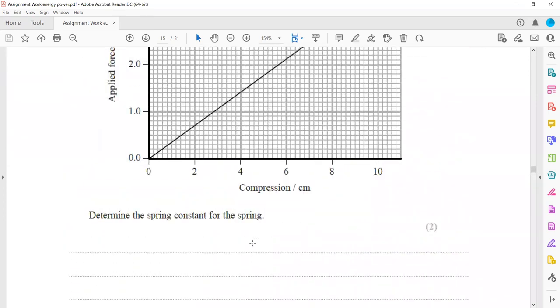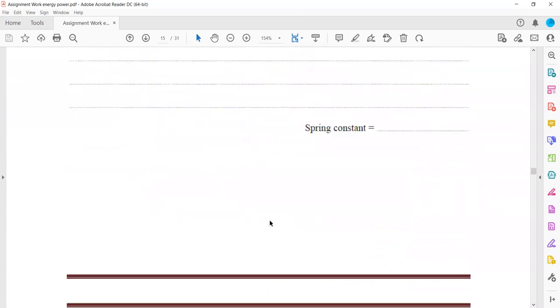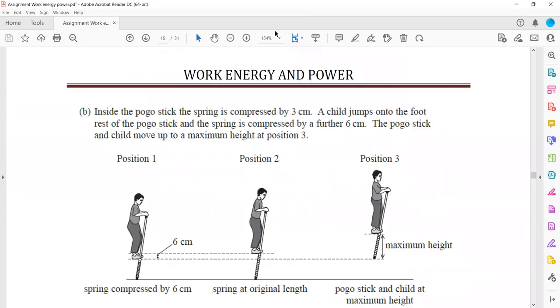As I already mentioned, normally inside the pogo stick the spring is compressed by 3 centimeter. So the spring is already compressed by 3 centimeter, and when the child wants to jump onto the footrest of the pogo stick, the spring is compressed by a further 6 centimeter.